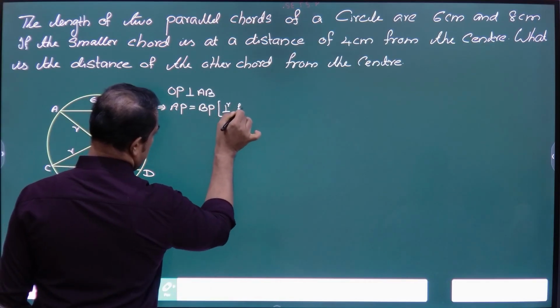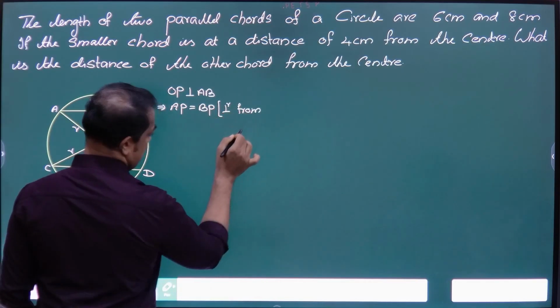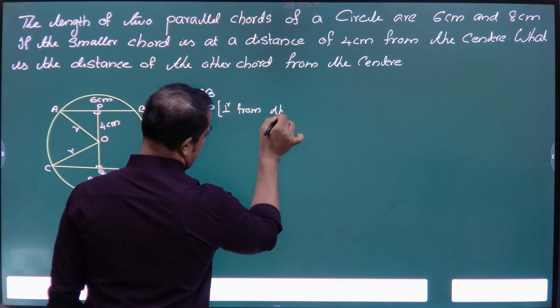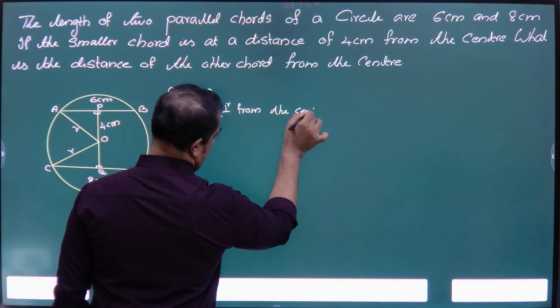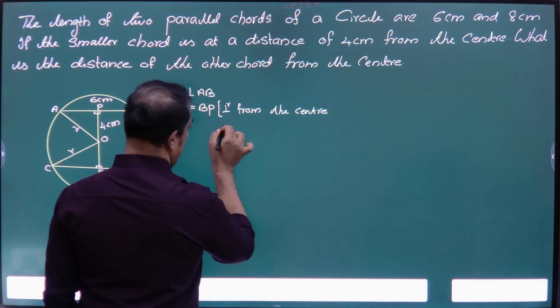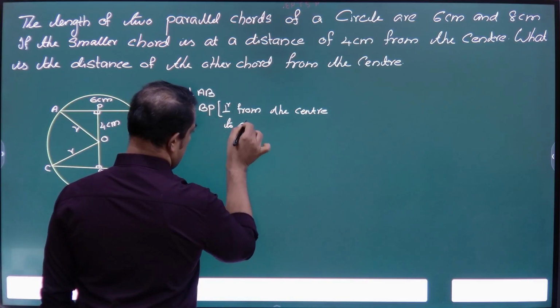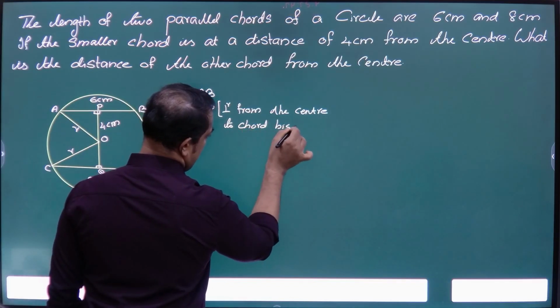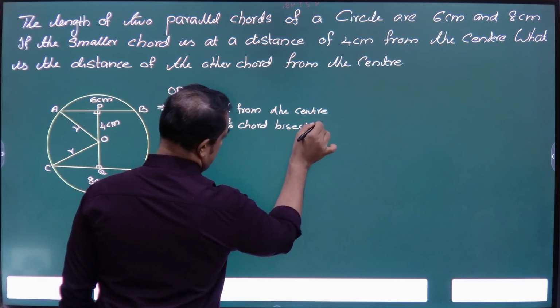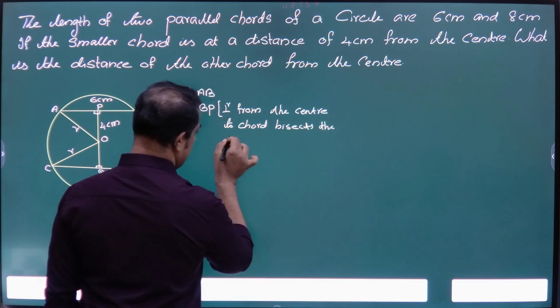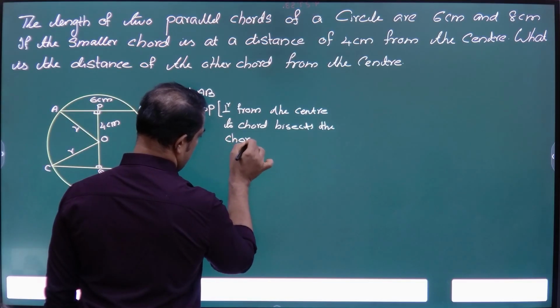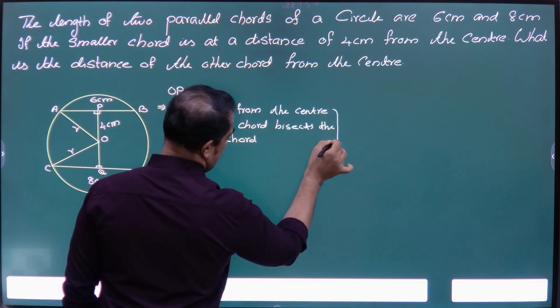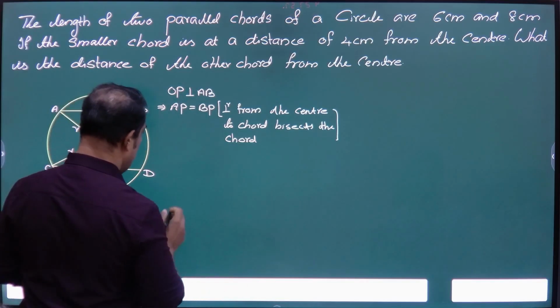Perpendicular from the center to the chord bisects the chord. Perpendicular from center to the chord bisects the chord.